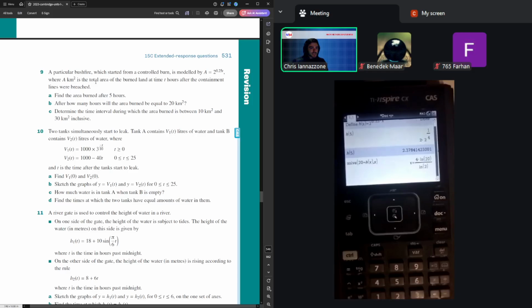However, we can see this is an exponential, and exponentials are strictly increasing or strictly decreasing by their nature, so we are safe enough to just do that.